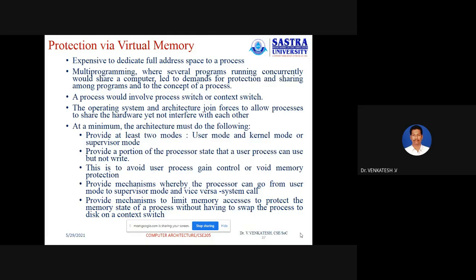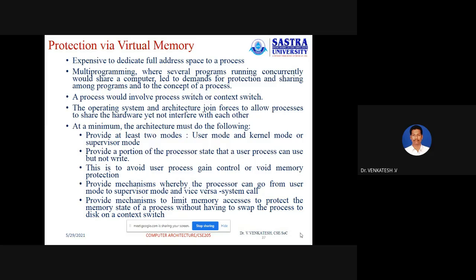Either it will process and then update themselves. Normally we will say whether we have a read access, whether we have a write access, something like that. That is going to be called privilege. And then the architecture also takes care to provide a portion of memory that a user process can use but not write.